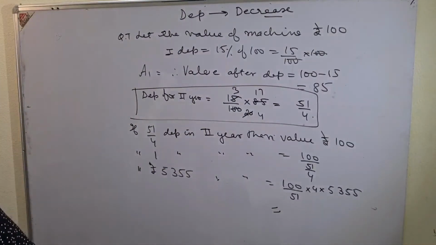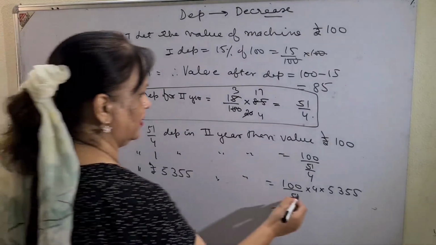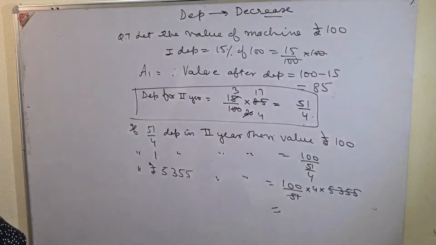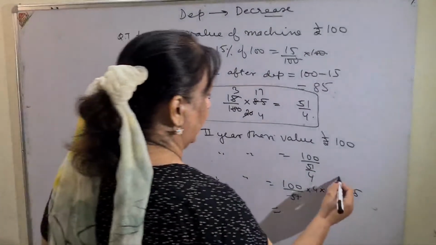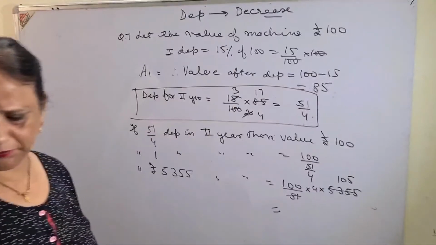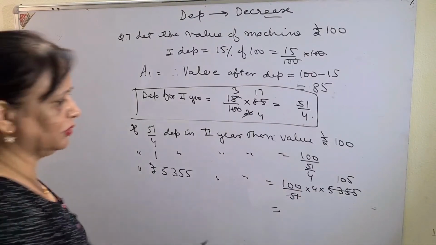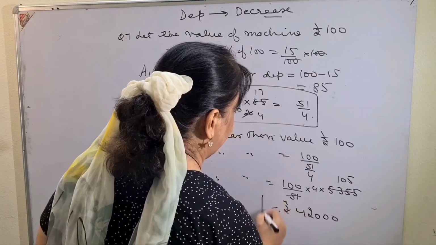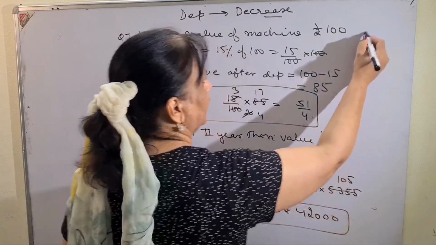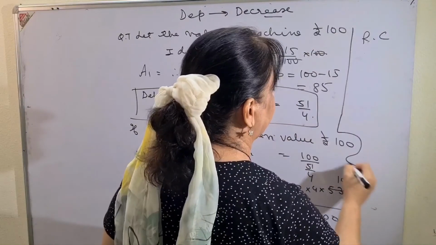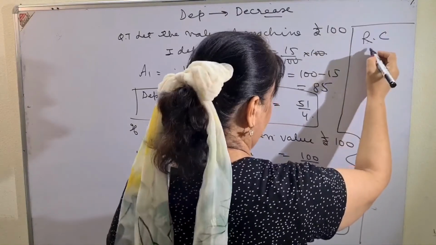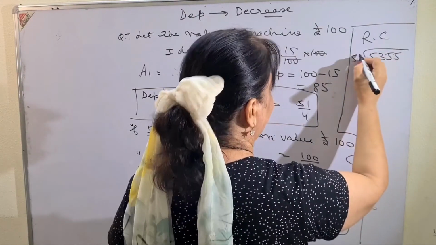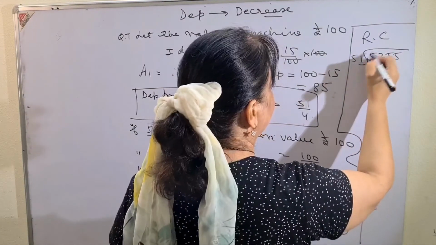When you calculate, you can cut it directly, and of course I have done it, so it will be 105, and that will be your required answer. Multiply it and you will get 42,000, which is the value of the machine at the beginning. I have calculated this in the rough column, so that you also do it. Check all the calculations twice. We divide 5355 by 51 and you will get your required answer.